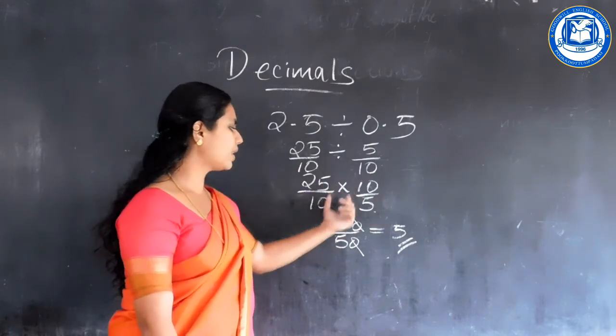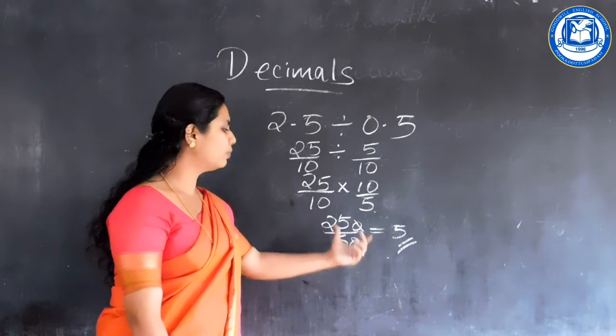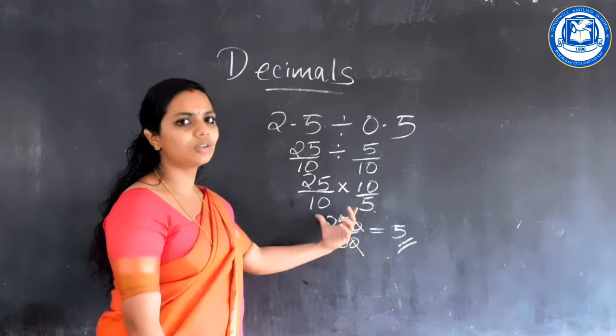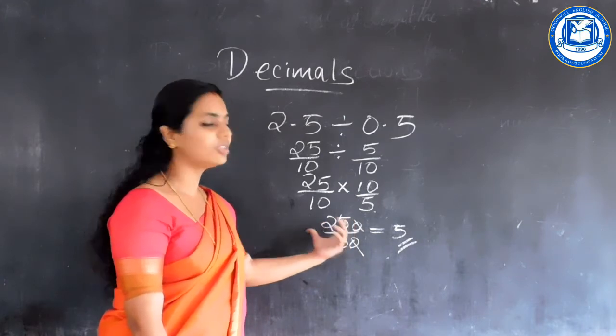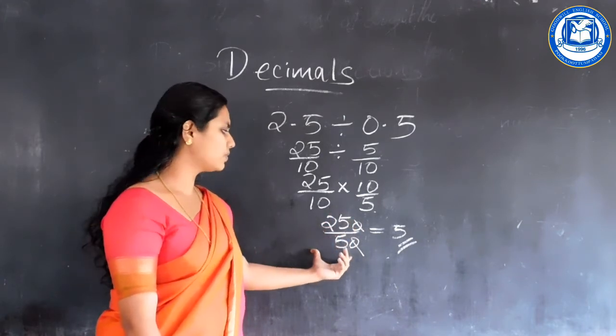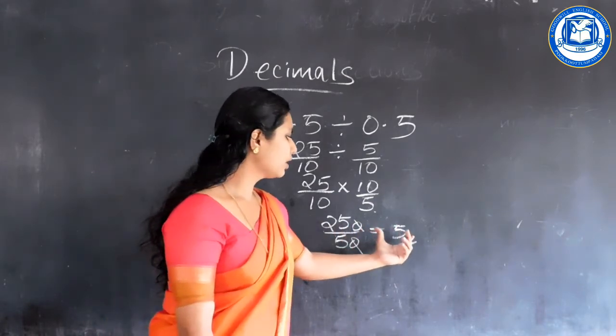When multiplying, we get 250 by 50. Here in both numerator and denominator there are zeros, so we can cancel them. Now the answer will change into 25 by 5. So when 25 is divided by 5, the answer we got is 5.